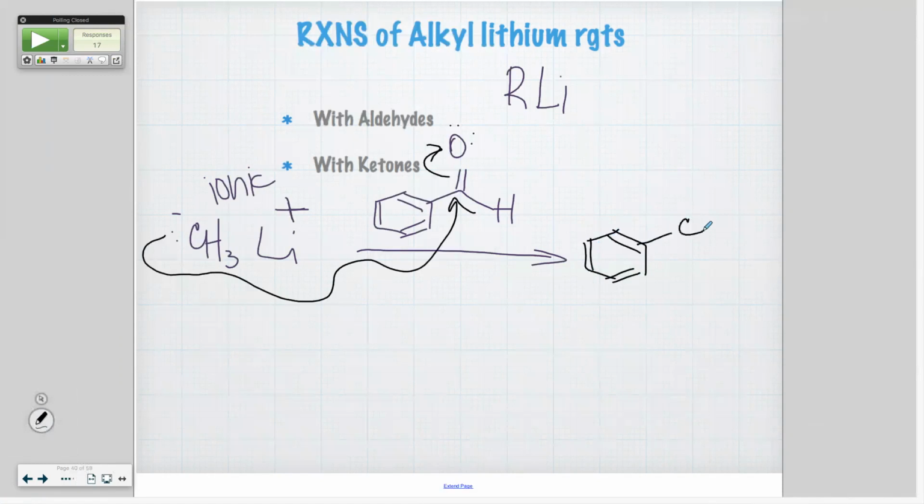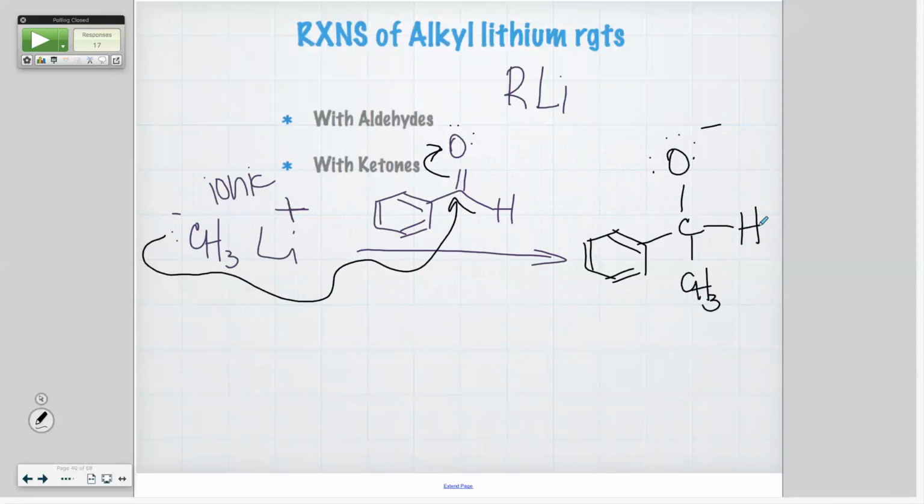What is attached to that carbon now? O negative, right? Yeah, O negative. Is that your blood type? All right, then what else? And a hydrogen.